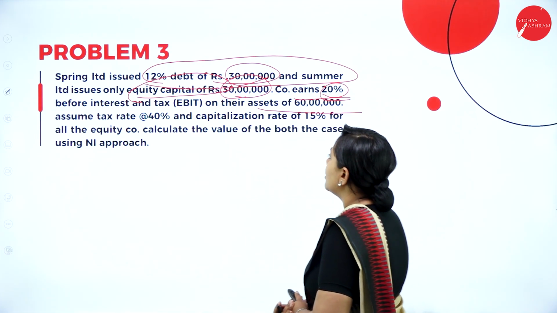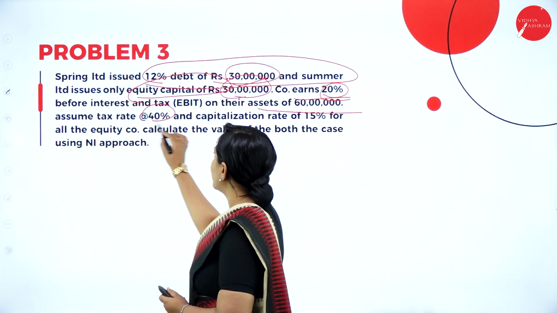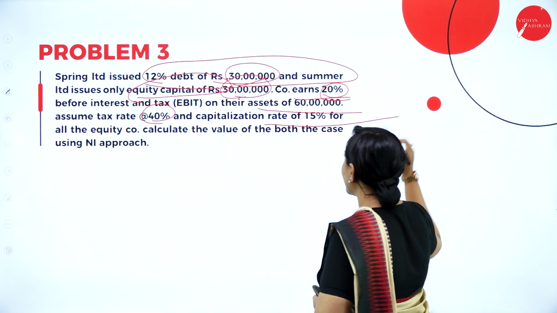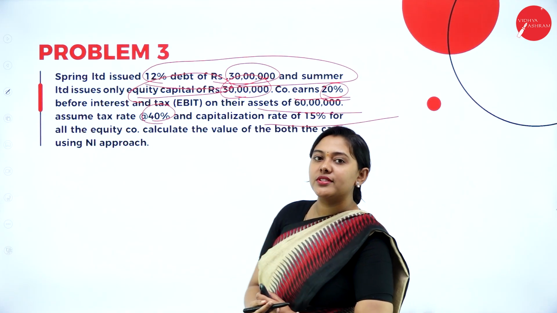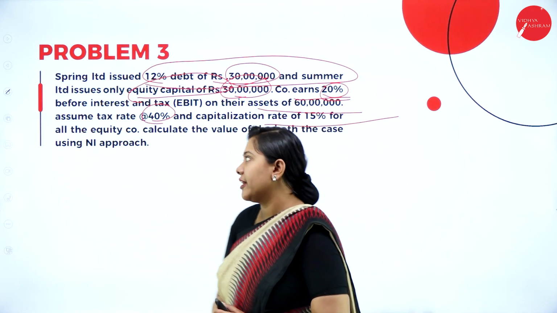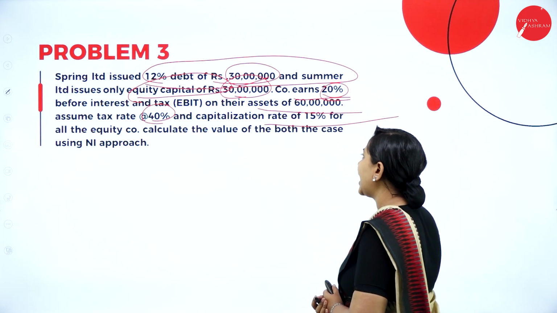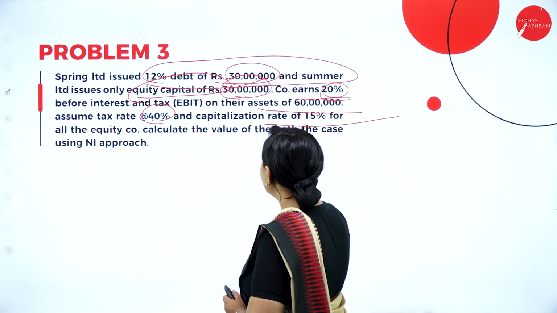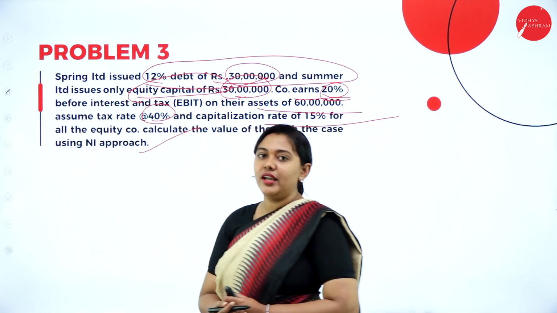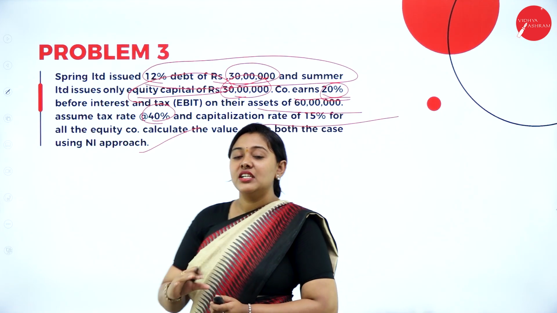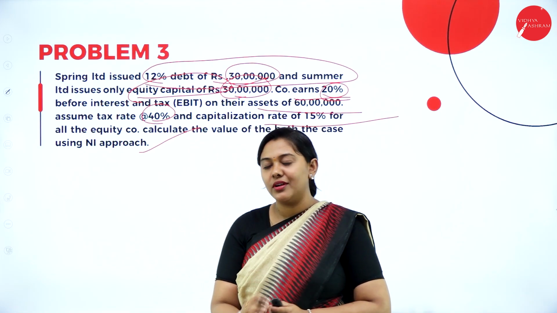Next, company assumes a corporate tax of 40% and the capitalization rate is 15%. 15% is 0.15. For both the companies, calculate the value using NI approach. So we are doing it for Spring Limited as well as Summer Limited.